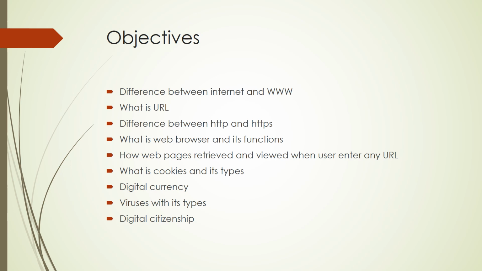So in this chapter, our main focus will be the internet and its different features. Either it's a browser, or any feature of the internet like HTTPS, functions of browsers, web pages, what cookies are, digital currencies, and what viruses are, and how we can protect against those viruses.